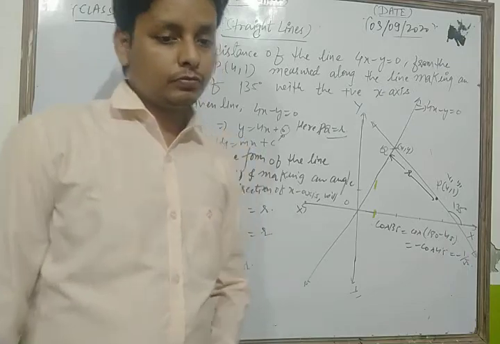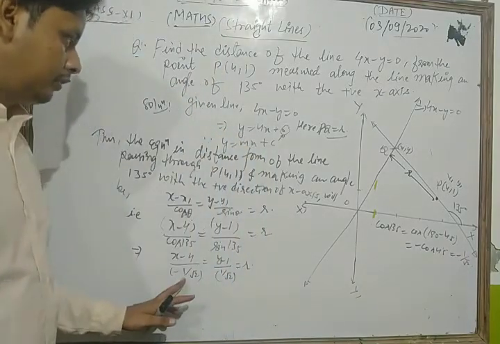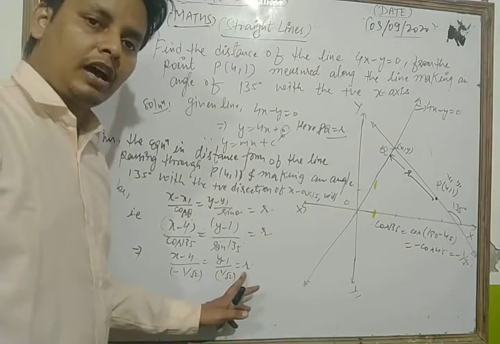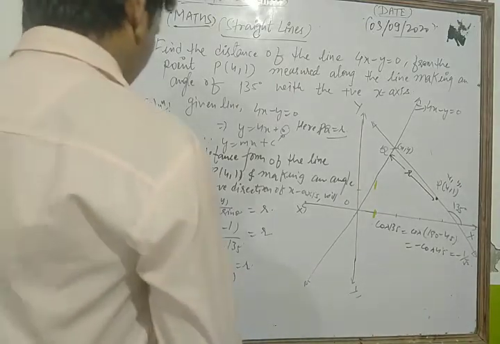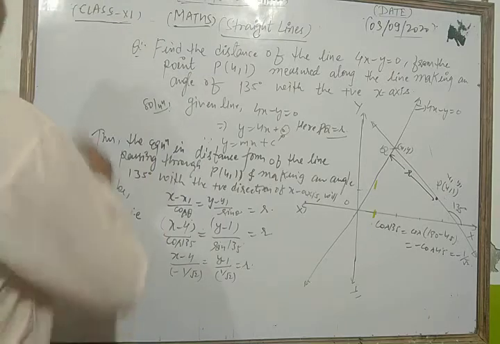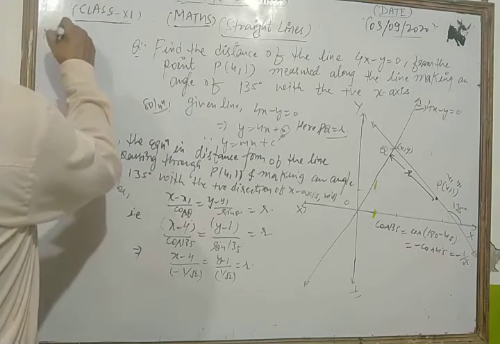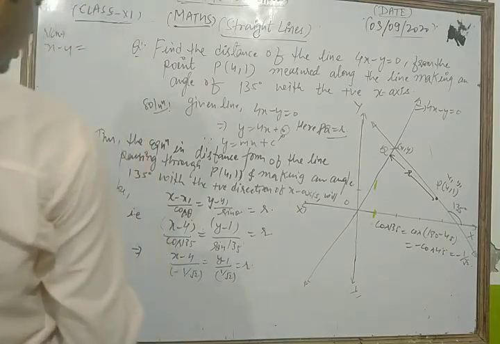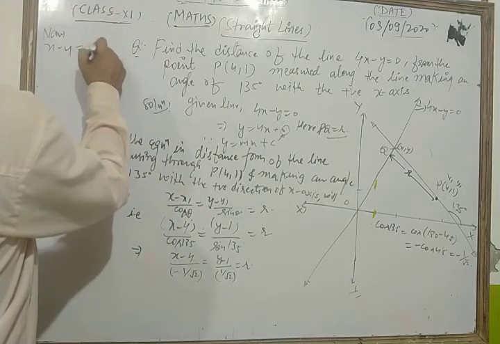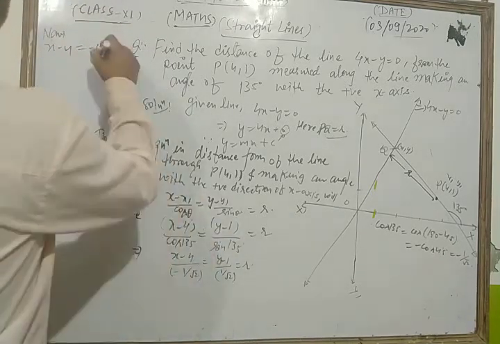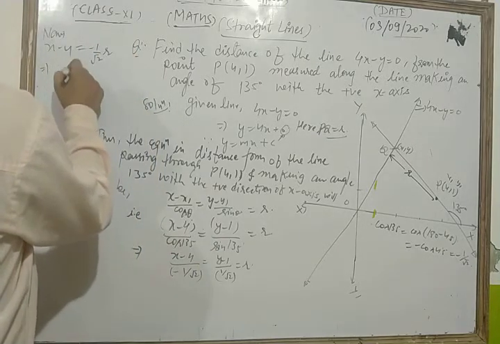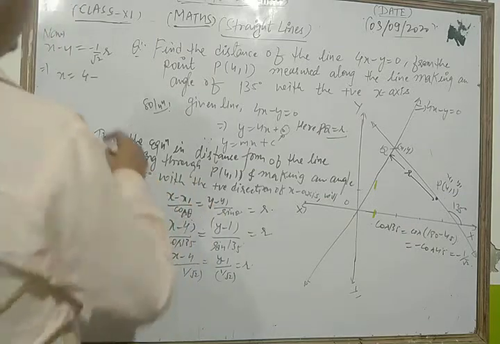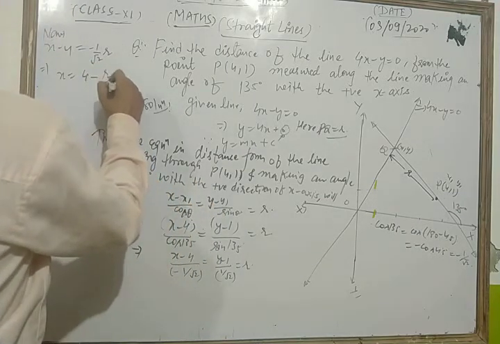Now look, from there first of all we find the value of x and y in terms of r. If we take x minus 4 is equal to minus 1 upon root 2 into r, then x is equal to 4 minus r upon root 2.